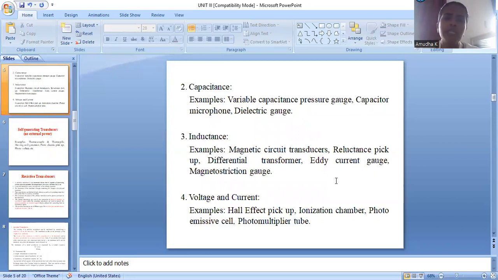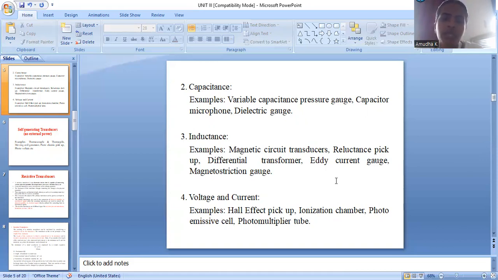Based on capacitance, the examples are the variable capacitance pressure gauge, capacitor microphone, and dielectric gauge. With respect to inductance, the devices are the magnetic circuit transducer, reluctance pickup, differential transformer, eddy current gauge, and magnetostriction gauge.